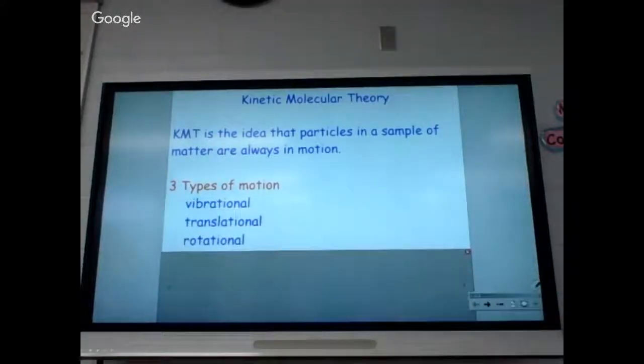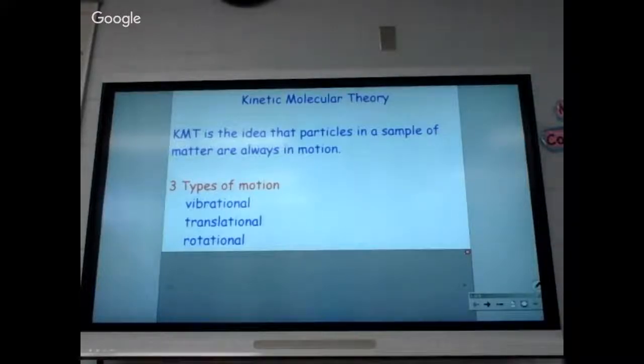Now, when we talked about bonding, the 3 types of motion that all particles have. All particles are able to rotate, they are able to translate, and they are able to vibrate.